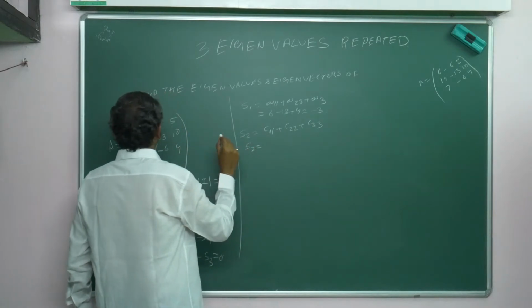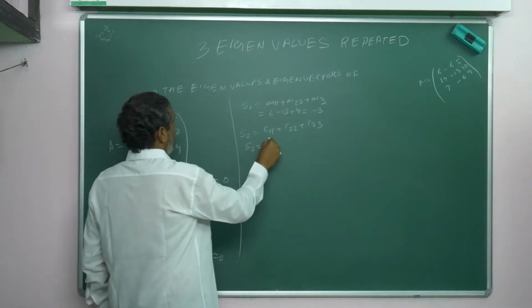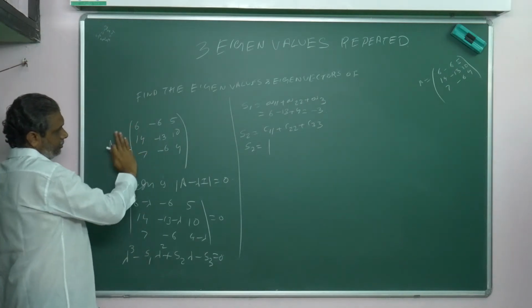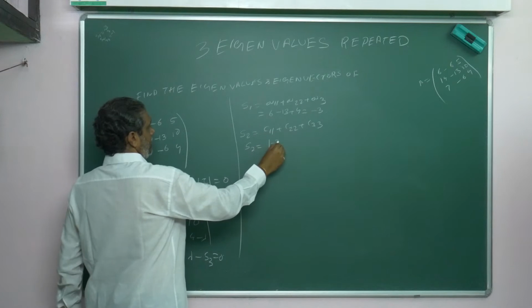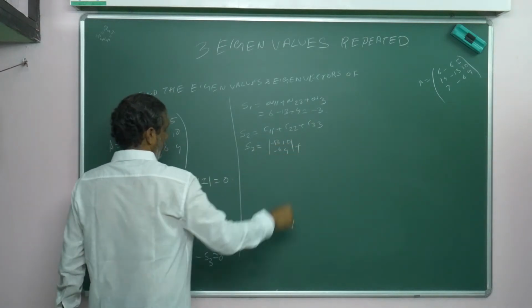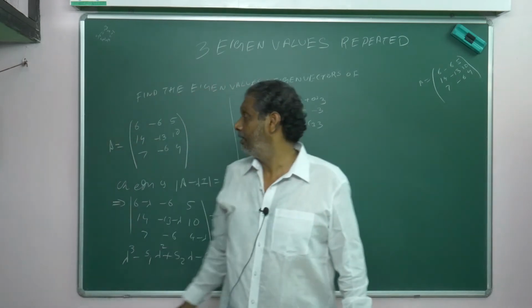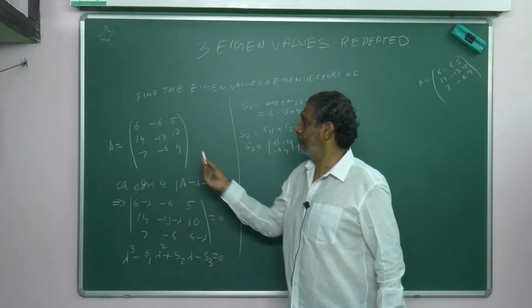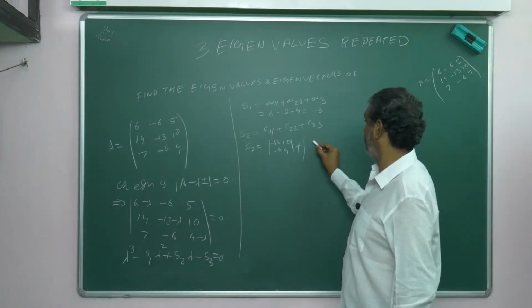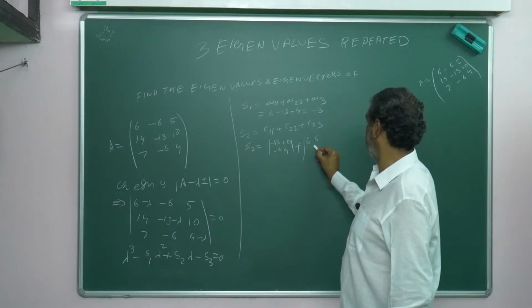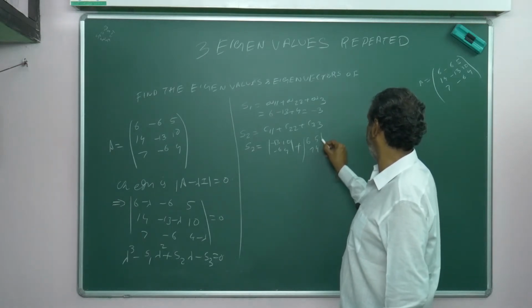Who are the cofactors here? The cofactor of 6: leave this row and this column, so you get the determinant of minus 13, 10, minus 6, 4. Plus, for the cofactor of minus 13, leave this column and this row, so you get 6, 5, 7, 4.